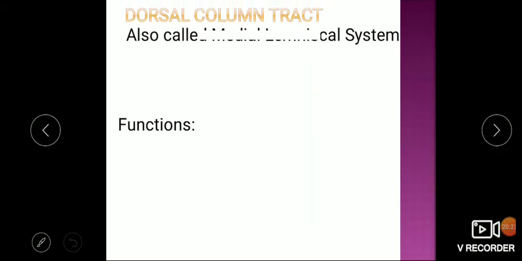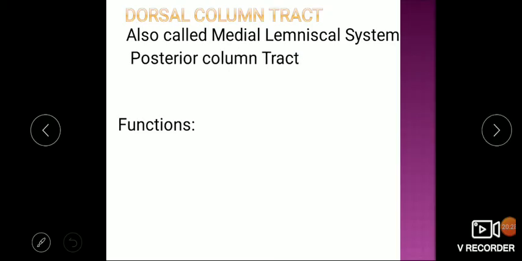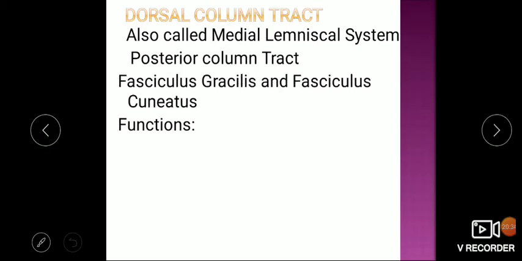Now this dorsal column tract is also called the medial lemniscus system, same name, also called the posterior column tract as it is going in the posterior white column. Also labeled as tract of Goll and tract of Burdach.